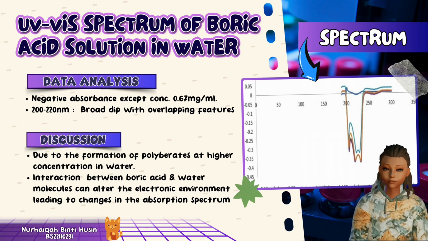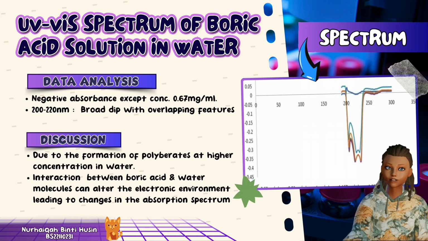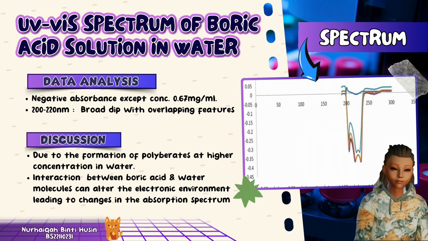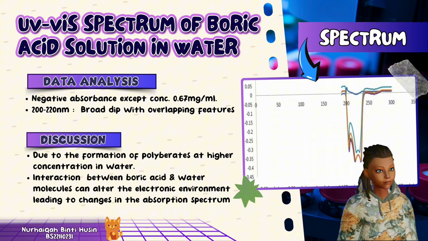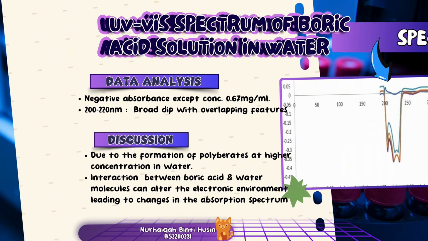Next, comparison of solvents. As we know, boric acid is a weak acid and primarily soluble in polar solvents. It forms hydrogen bonds and dissolves better in solvents with hydroxyl groups or similar polar groups.